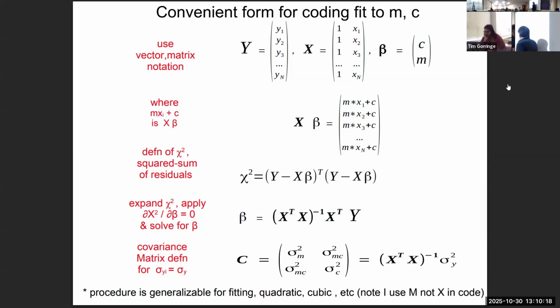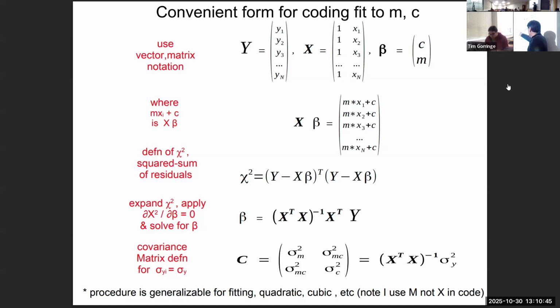Recognizing that, a chi-squared is defined by this sort of matrix equation here. So the chi-squared, remember, was the sum of the squares of the residuals for your data points. Inside parentheses here, we're calculating the residuals.